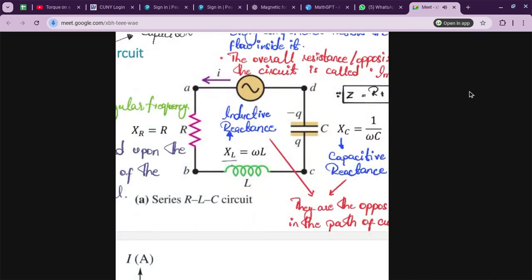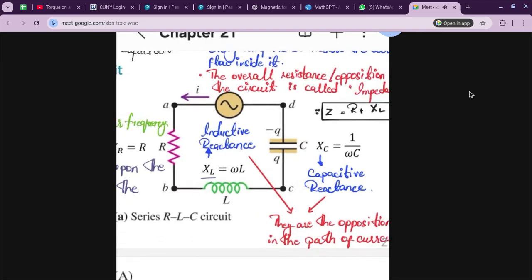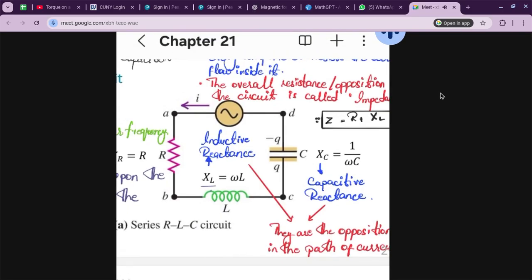If we increase the frequency, the resistance of the inductor will increase and the capacitive reactance will decrease, because omega in the capacitive reactance is in the denominator, and in the inductive reactance omega is a product, in the numerator. So when we increase the frequency, this resistance will increase and this one will decrease. Okay?